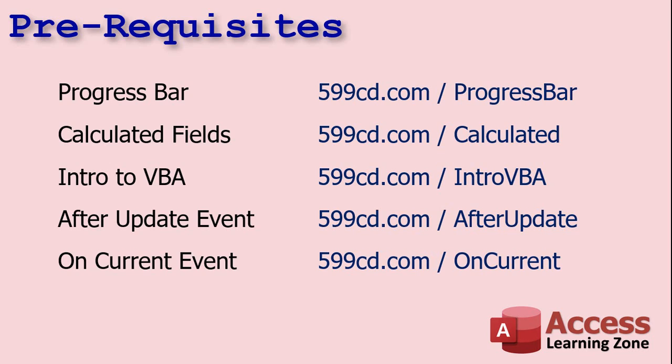Go watch my intro to VBA. It's free. All these are free videos. They're on my website. They're on my YouTube channel. Go watch these first. Okay? Some videos are going to be more advanced. Some are going to be basic. This is a little more advanced. All right? You're going to need to know the after update event and the on current event. So go watch all 5 of these videos first and then come back to this one and we'll move forward.